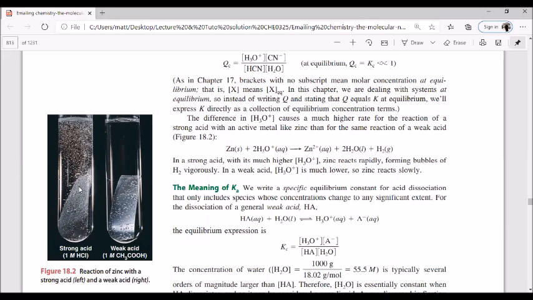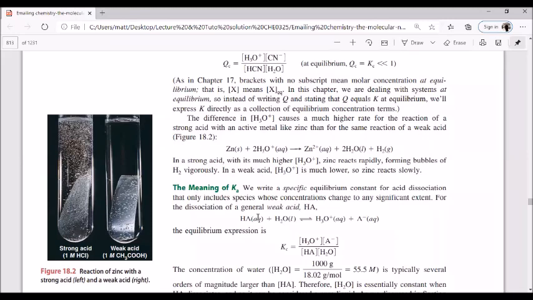So here, in terms of reactivity, a strong acid reacts faster than a weak acid, since the hydronium ion concentration is greater in the strong acid. Alright, so just now we wrote the Qc and Kc expression for a weak acid.